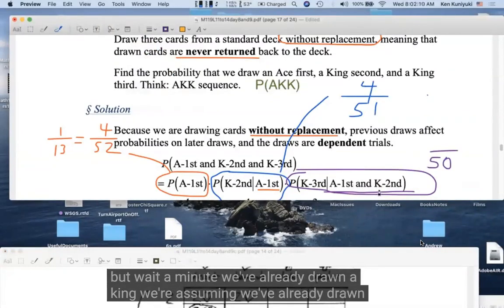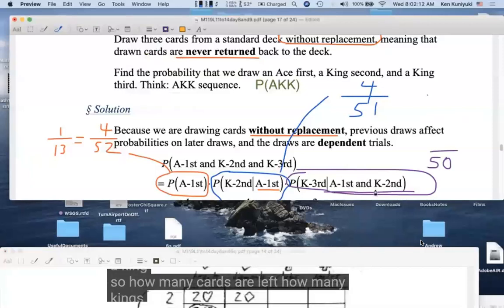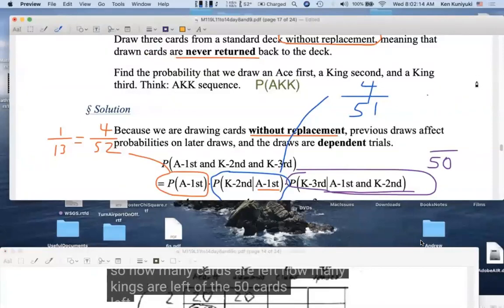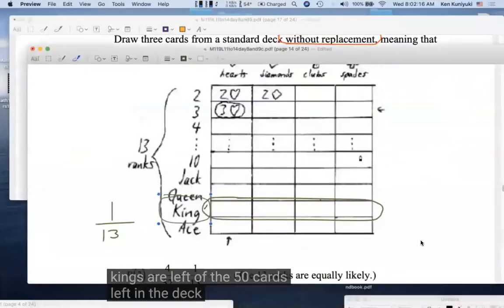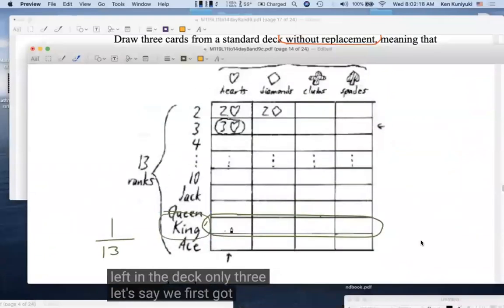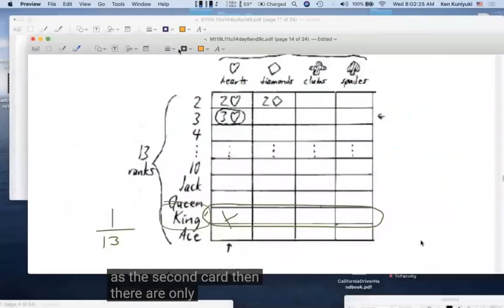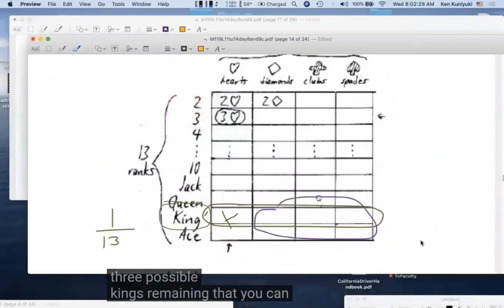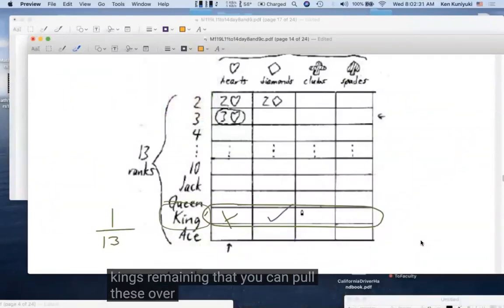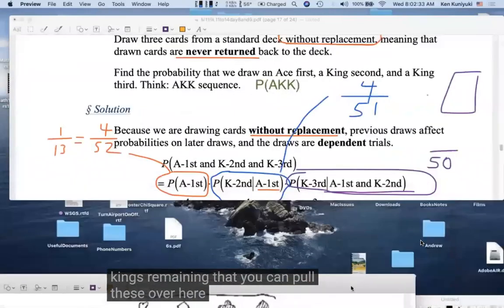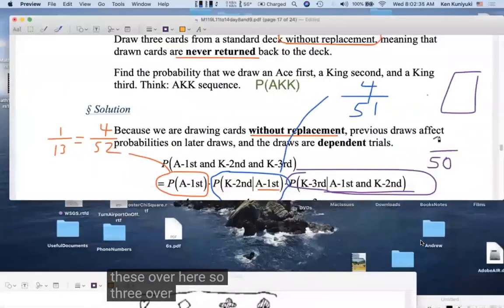So how many kings are left out of the 50 cards left in the deck? Only 3. Let's say we first got the king of hearts as our second card. Then there are only 3 possible kings remaining that you can pull. These over here. So 3 over 50.